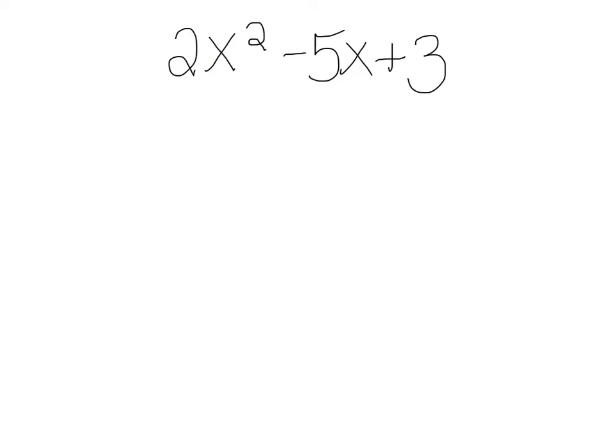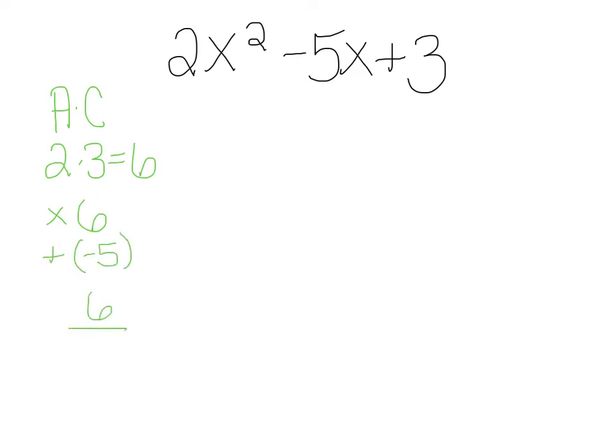Instead of finding what multiplies to c and adds to b, we're going to find what multiplies to a times c. So in this case, here's my a, here's my c. I'm looking at what multiplies to 2 times 3, which is 6. So what multiplies to 6 but adds to negative 5.